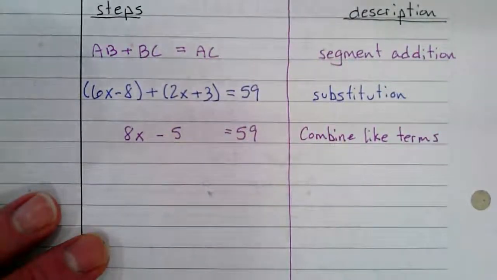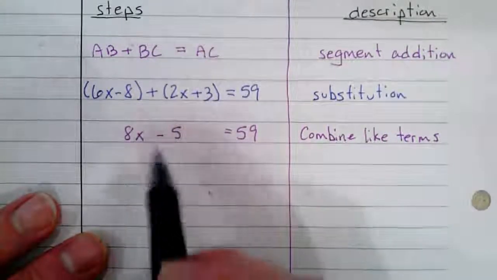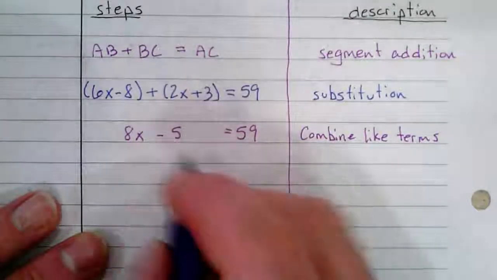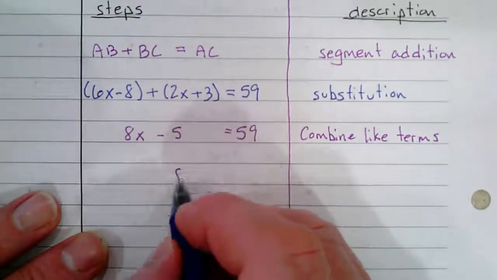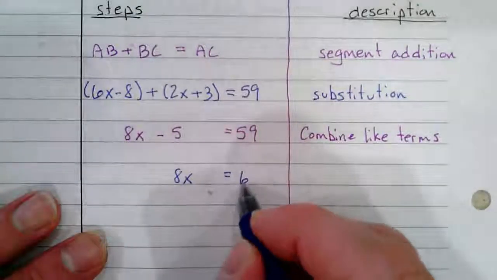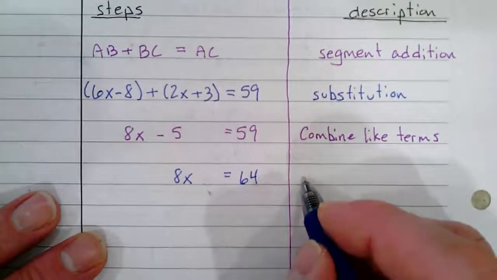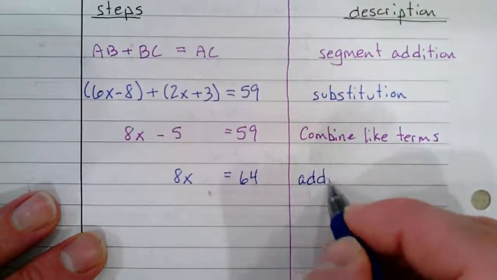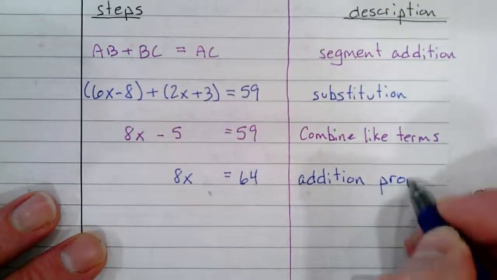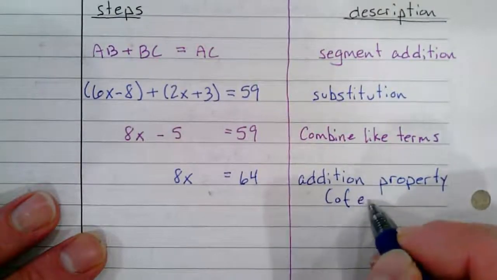Next, I want to isolate the term that has the x, so I need to get rid of this negative 5, so we're going to add 5 to both sides. It cancels that out, and all I have left is an 8x. Adding 5 to the other side gives us 64, and we used the addition property of equality.